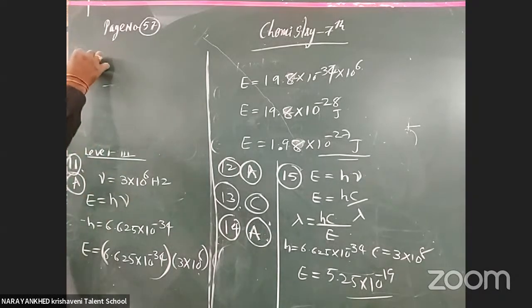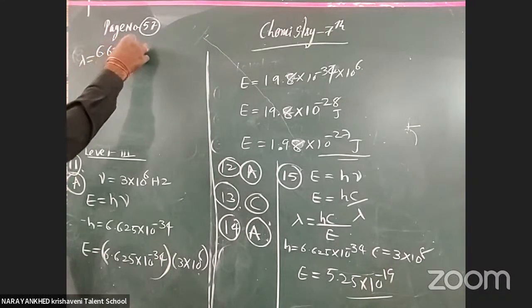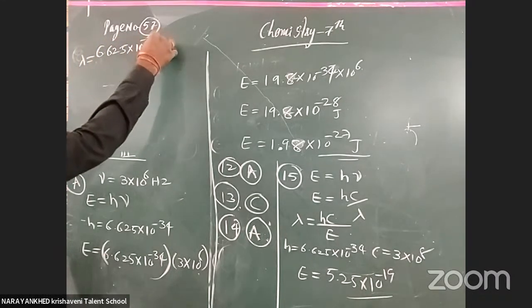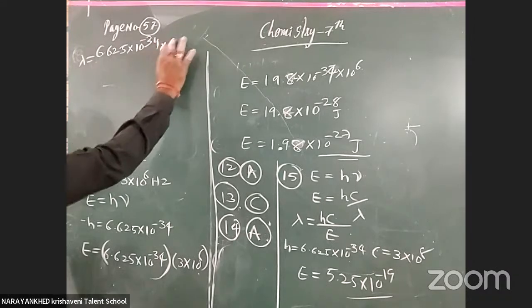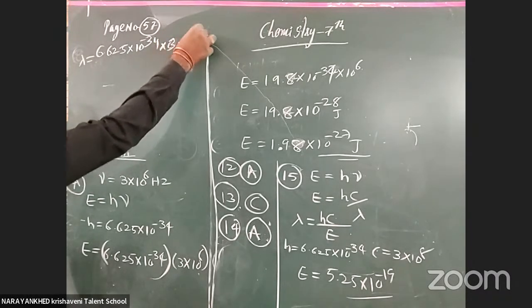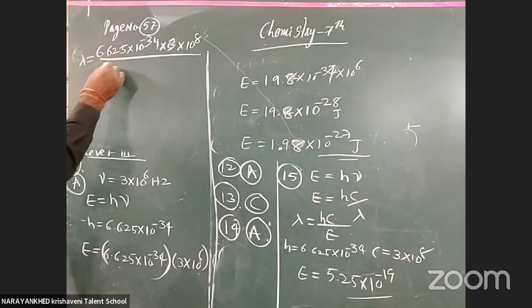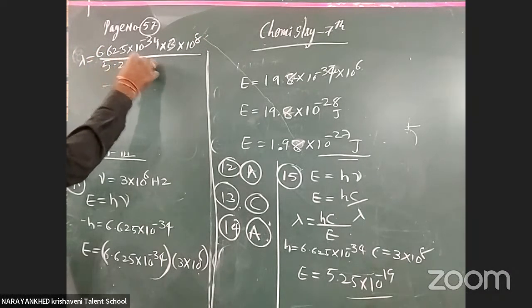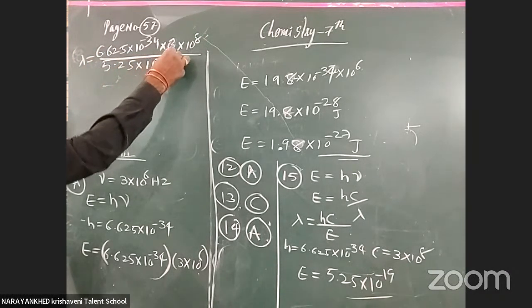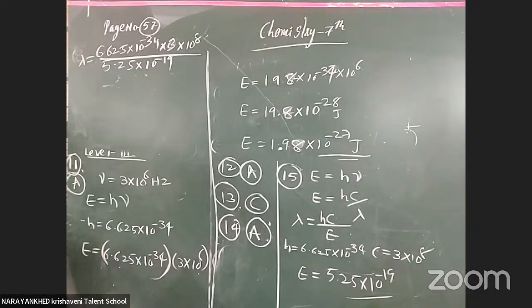Lambda is equal to 6.625 into 10 to the power of minus 34 into 3 into 10 to the power of 8, by 5.25 into 10 to the power of minus 19. Okay, clear or not?